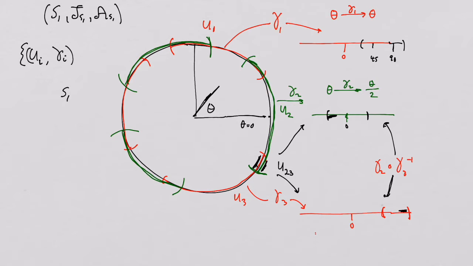So this transition function is actually going to map from this little part to this little part. And it'll just be some ratio that will correct these coordinates, or convert this coordinate to that coordinate.